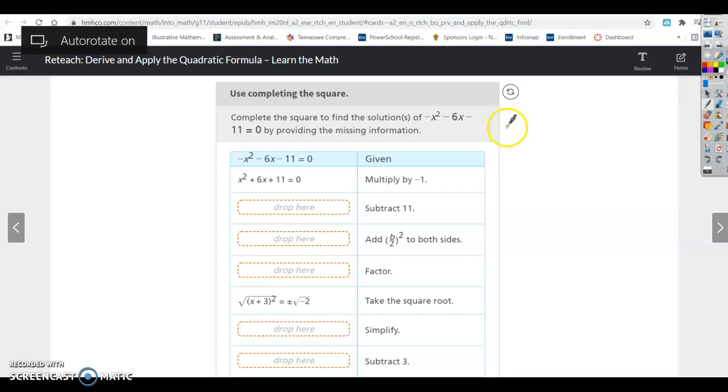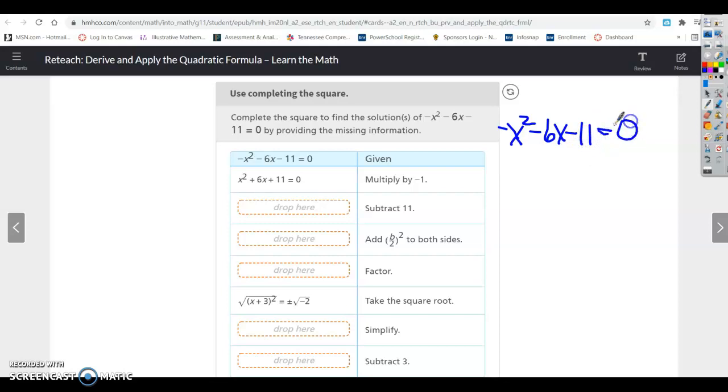So if we have negative x squared minus 6x minus 11 equals 0, the first thing we want to do is get rid of that negative, so we multiply the whole equation by negative 1, and this becomes x squared plus 6x plus 11 equals 0.